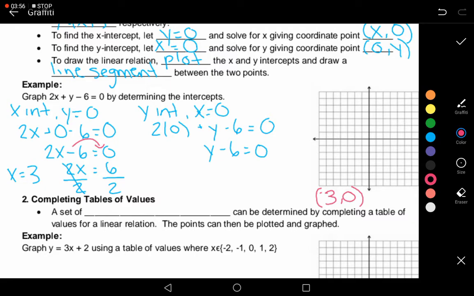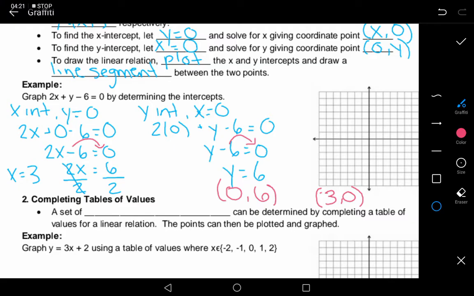Again, we simply have to solve for y. In order to do that, y has to be all by itself. So we're going to move that negative 6 over the equal sign. It's going to become positive, which means that my y-intercept is going to be 0, 6. At this point we have 2 points. So all we have to do is plot them and draw a line to connect them.